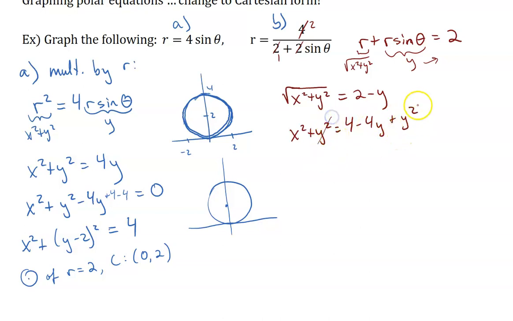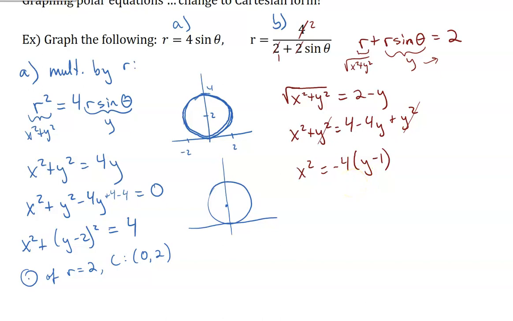Rearranging, let's see, y squareds are going to cancel out, so I end up with x squared is equal to 4, actually let's write this differently. Let's write negative 4 times y minus 1, because I know you guys like to have that y in front of the constant, right? Okay. So what kind of a function is this? Or what kind of an equation is this? This is a parabola. We could look at this in this form right here, or we could write it in the way that we're more familiar with from Algebra 2.